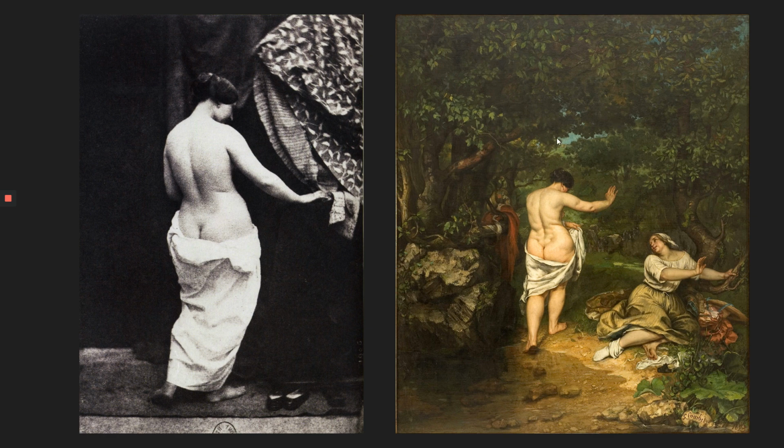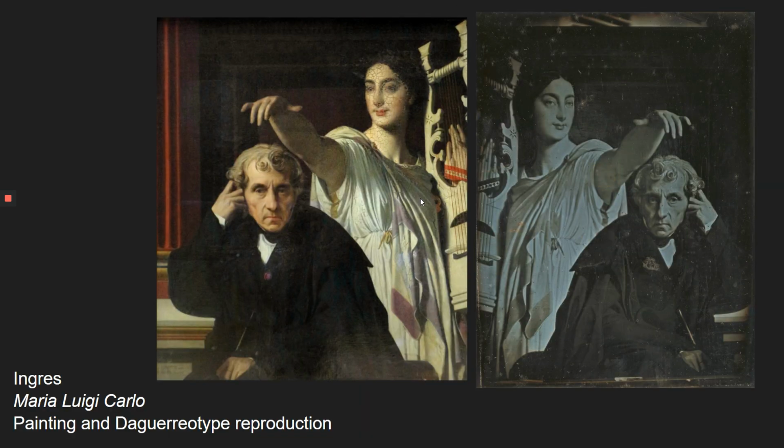So as a study aid, which we looked at numerous examples of, and also as an aid to reproduce art. Remember the Ingres painting here, which time has damaged, but interestingly enough, the daguerreotype reproduction of it preserved the original look, which is kind of incredible.